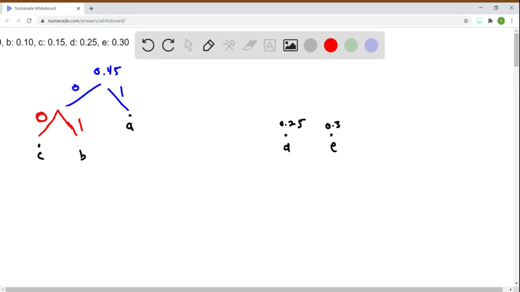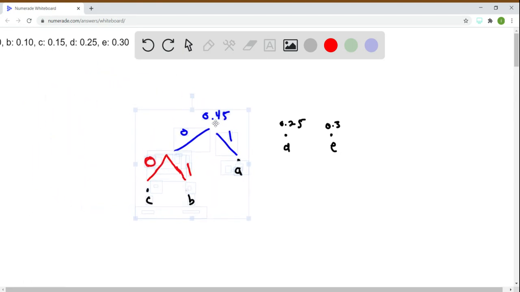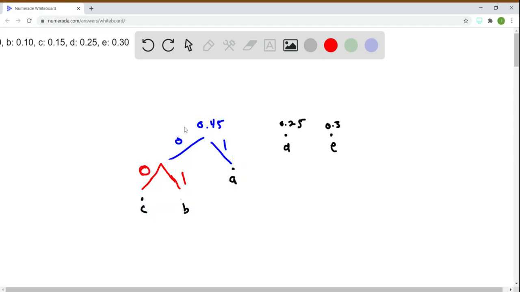And then 0. Now what we're going to do is again put this back in line with the other ones. And then we want to find what are going to be the two smallest frequencies that we have here? Well, we have 0.25 and 0.3. So that means we're going to combine those two over here on the right side.